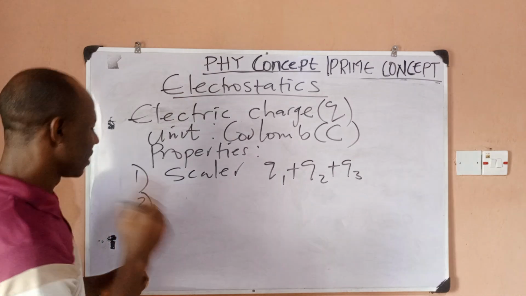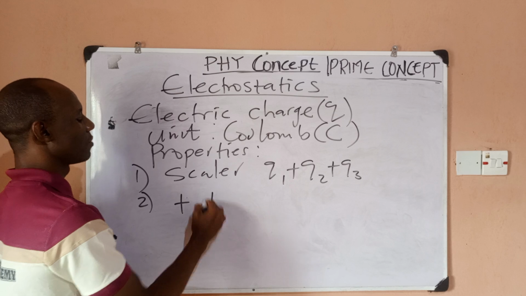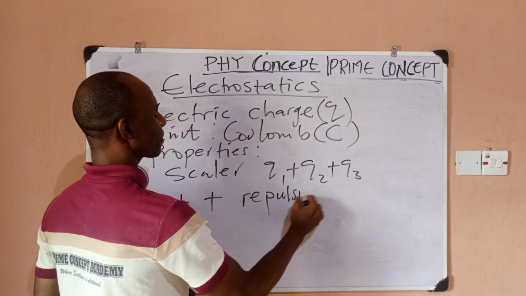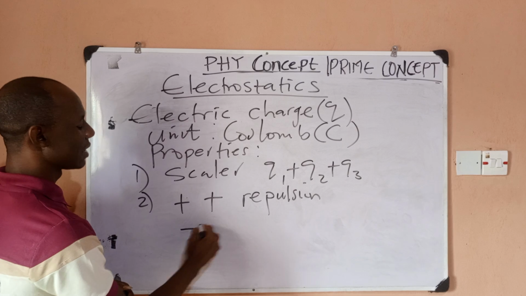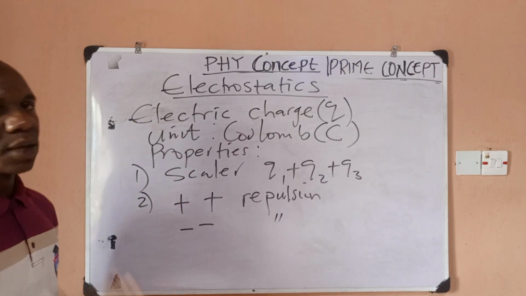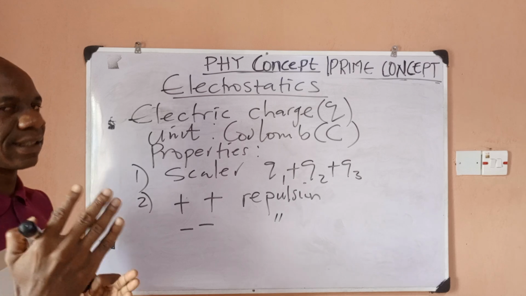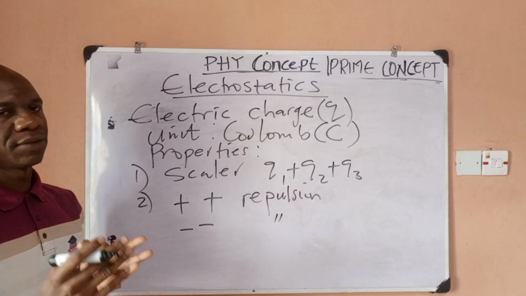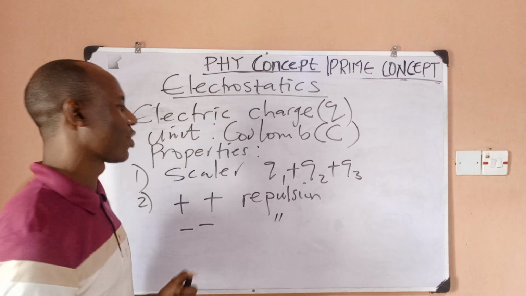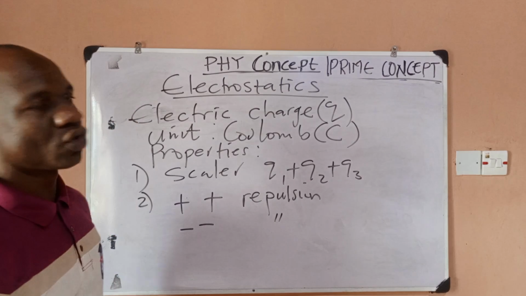What do we mean by like charges? Say you have positive and positive, it will experience repulsion. If you have negative, negative, it will experience repulsion because they are like charges. But when you have unlike charges, positive and negative, or negative and positive, it will experience what? Attraction. So that is another property you should know.